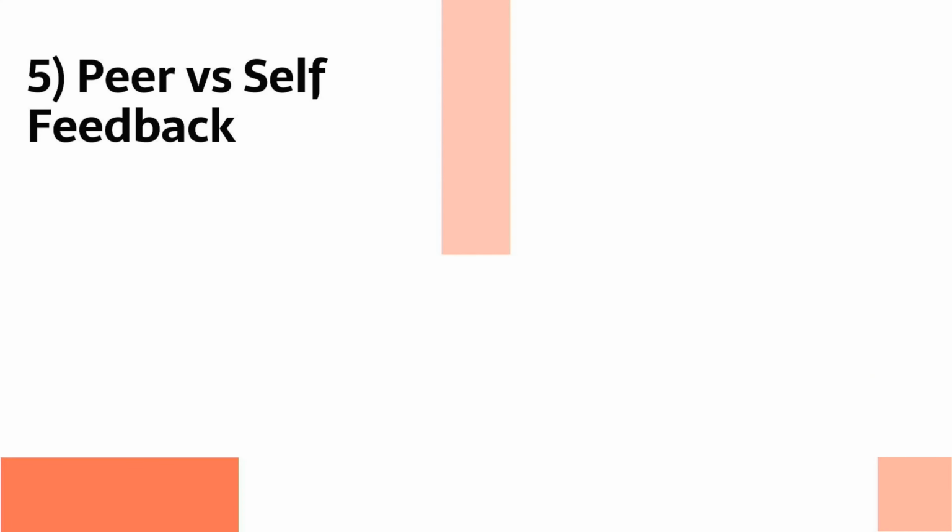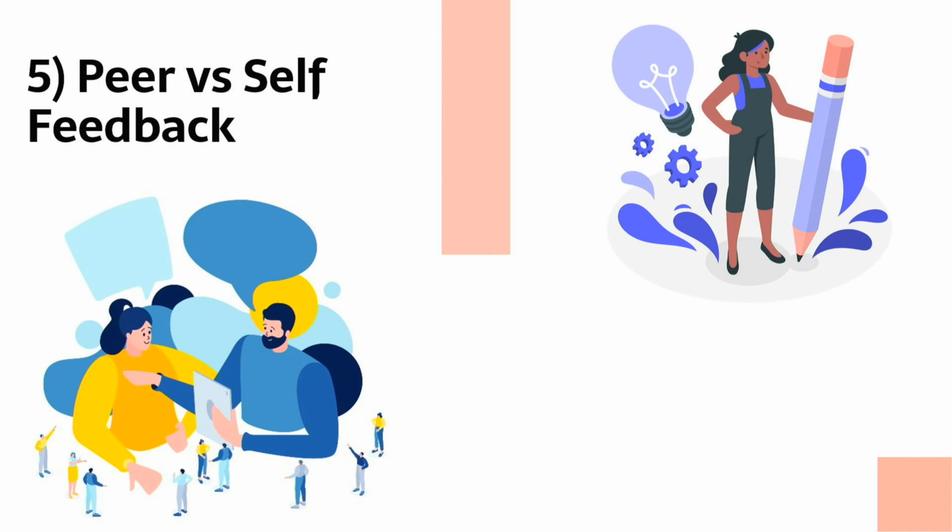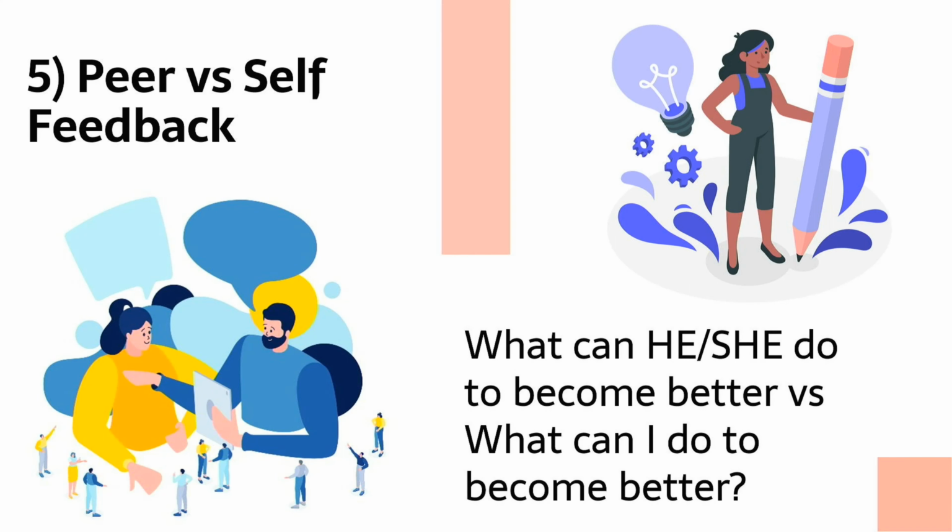Another type of feedback is called peer versus self feedback. Peer feedback is a regular phenomenon in organizations and institutions. Usually it is advisable to take peer feedback, superior feedback, or maybe junior feedback: what can he or she do to become better, versus what can I do to become better?